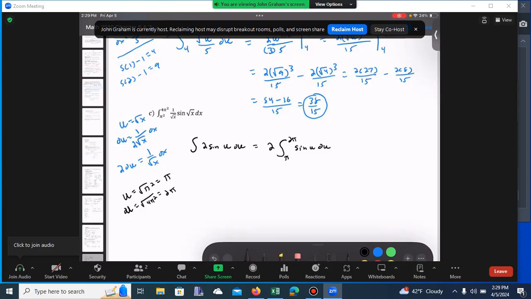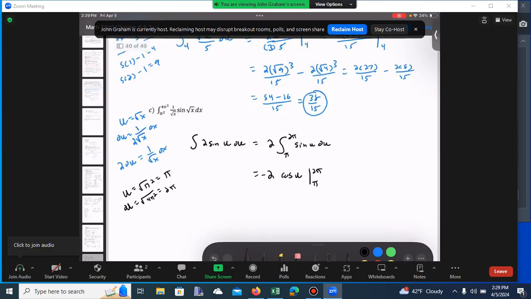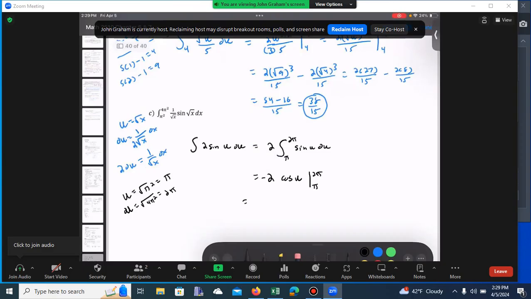Okay, so we'll take the antiderivative. We get 2 cosine u, and that would be a negative. Evaluate from pi to 2 pi. And so you have negative 2 cosine of 2 pi minus negative 2 cosine of pi.